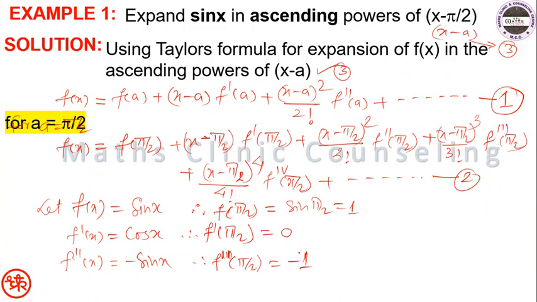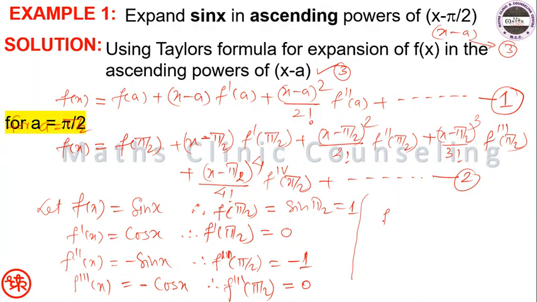Then f3 of x is equal to the derivative of minus sin x, which is minus cos x, and therefore f triple dash of pi by 2 is equal to minus cos pi by 2, which is 0.